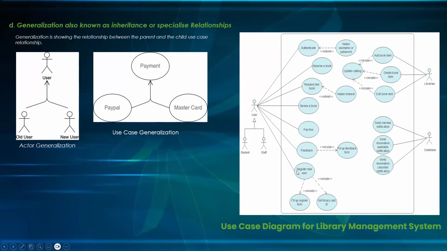The same thing: user wants to register as a new user. Every time the user wants to register, it triggers this form. So the user has to fill this form before they can register. And you also see another use case, get library card.